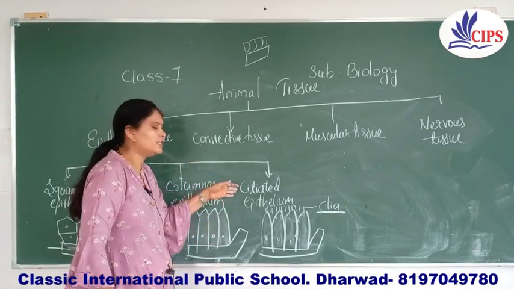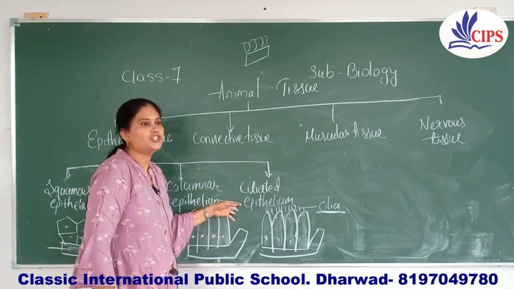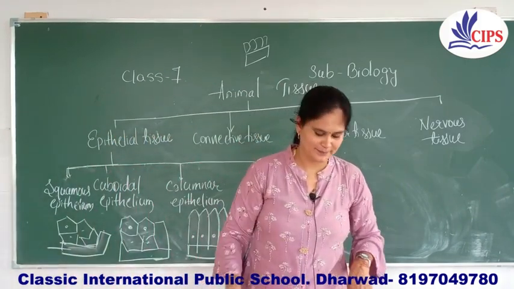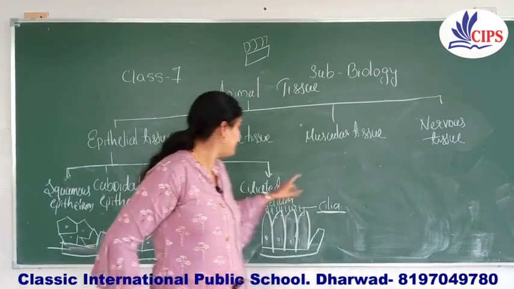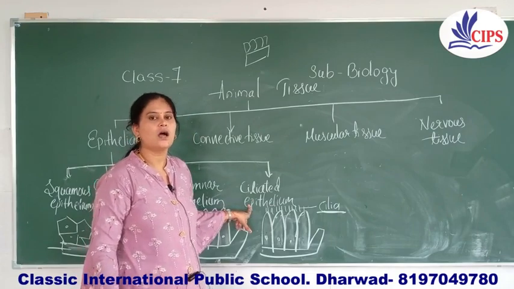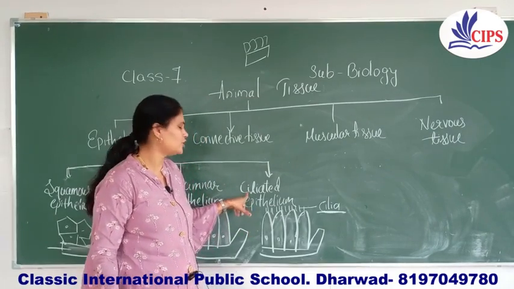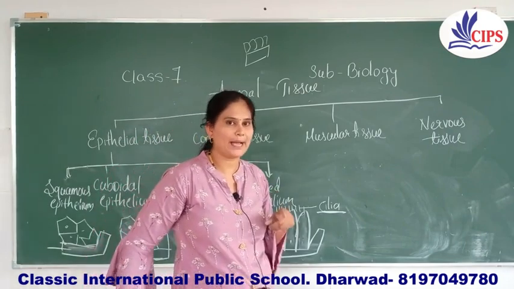For example, these ciliated epithelial tissues are generally present in the trachea, or in the windpipe.